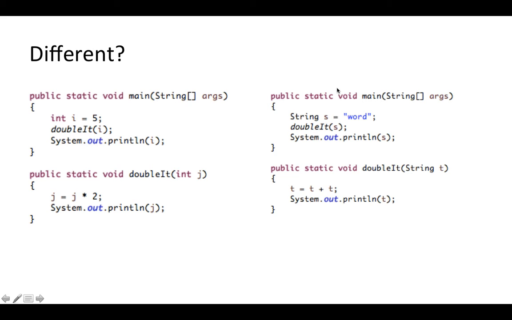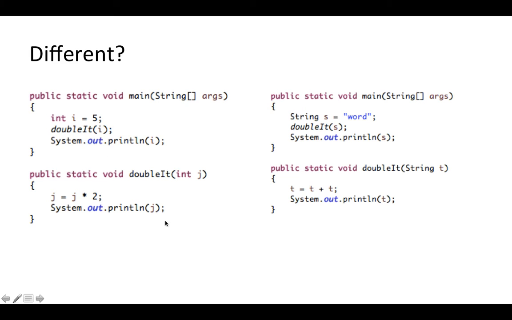And the idea is that we make a variable. This time it's a single int i, and we double it, and we pass i, which is the value 5, down here to the double it method, and we double it. We say take that parameter and double it, print it out, and then come back here and print out the original variable i. Very confusingly, this is going to print out 10, 5.